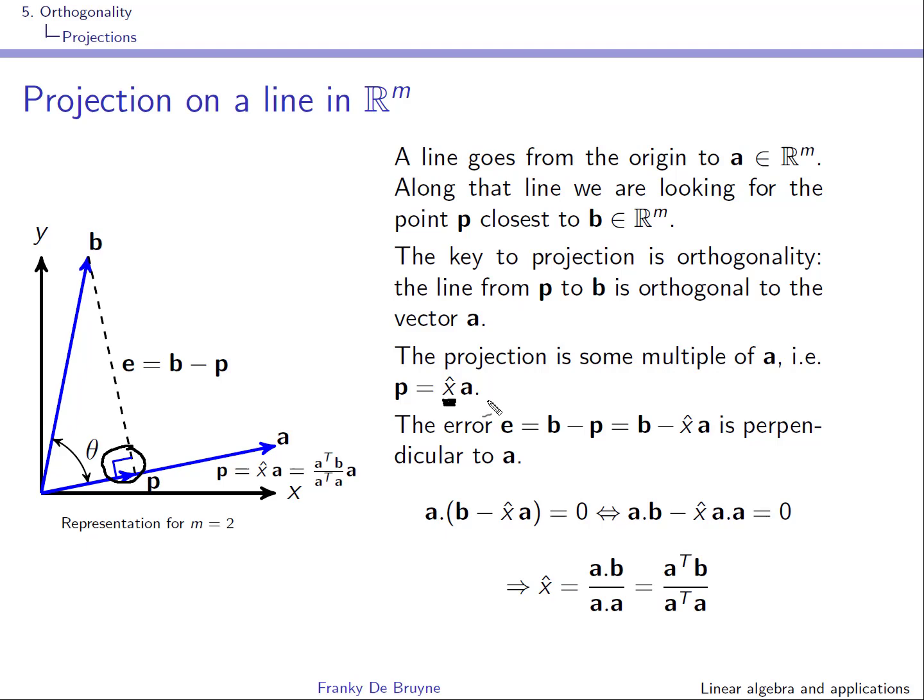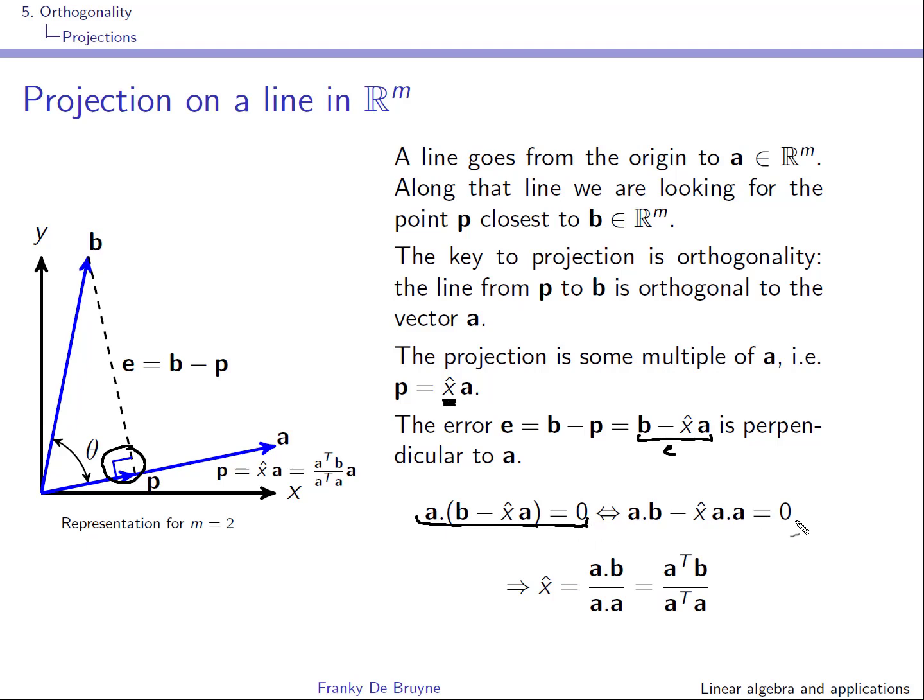So the error is b minus p. We can write p as a multiple of a, so e is written like that, and it is perpendicular to a, so you can write this equation over here.